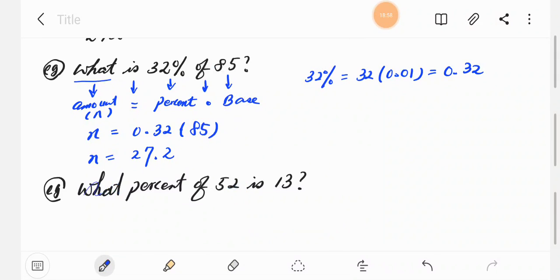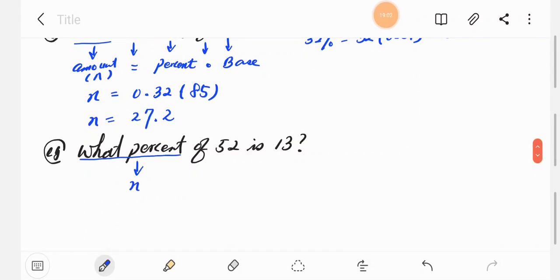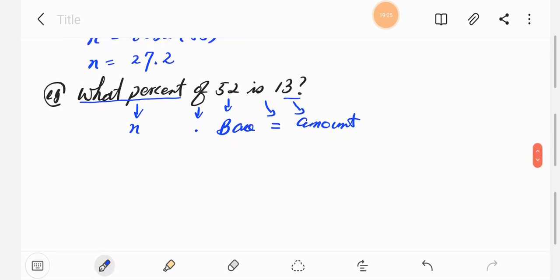This is the percent n, and "of" means multiply, and this is the base. Equals, and this is the amount. So there are three variables: percent, base, amount. Here the base and amount are given so that we can find the percent.